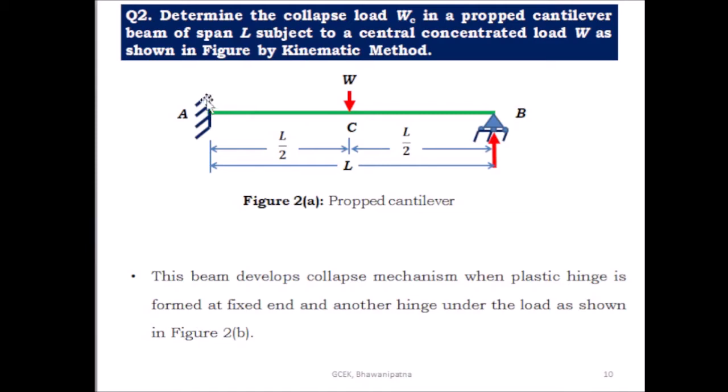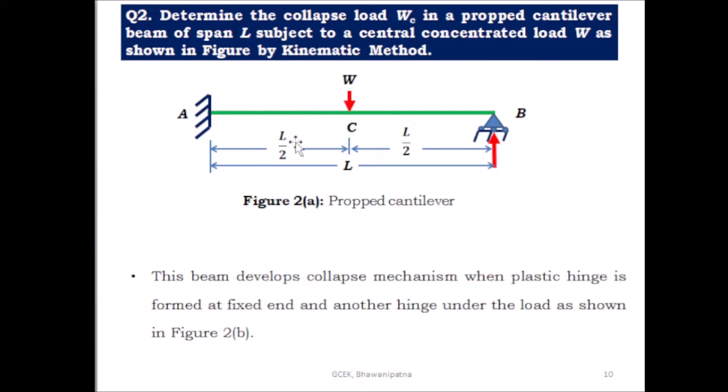This beam develops a collapse mechanism when a plastic hinge is found at the fixed end and another hinge is under the loading point, as shown in figure 2b. So in the case of the propped cantilever, one plastic hinge is found at the fixed end and another plastic hinge is found under the load point.